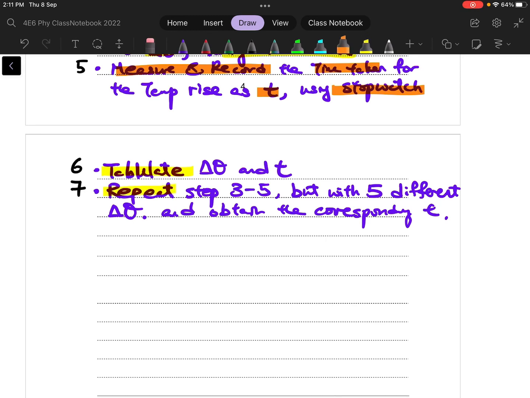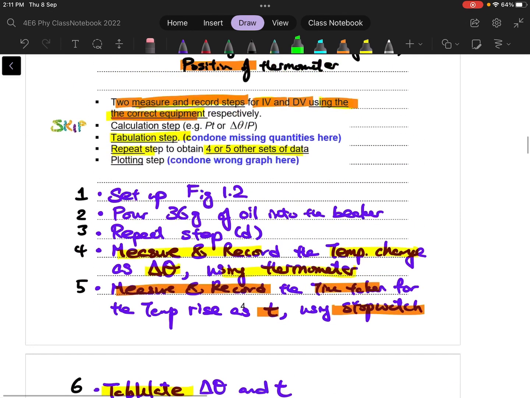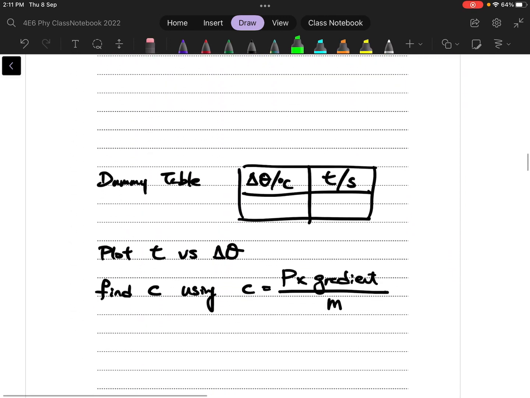The only thing that is fixed is my keyword here. So I repeat step number something something for how many times, and what are the things that I want to change, what are the things that I want to get, right? So I have done my repeat step.